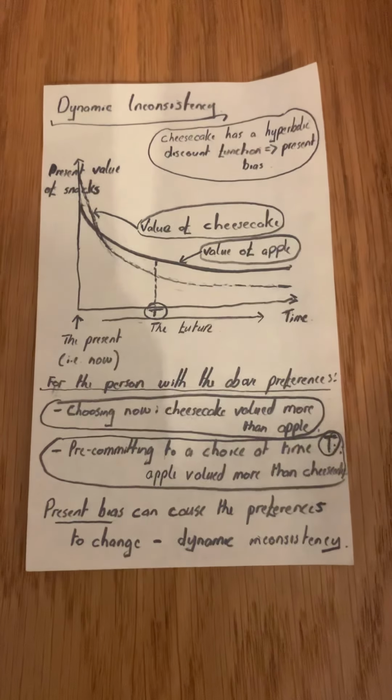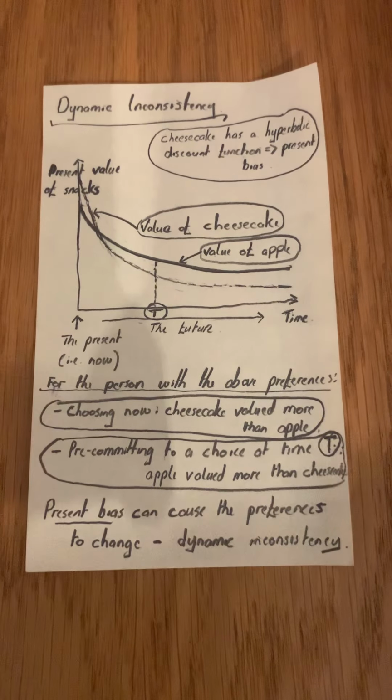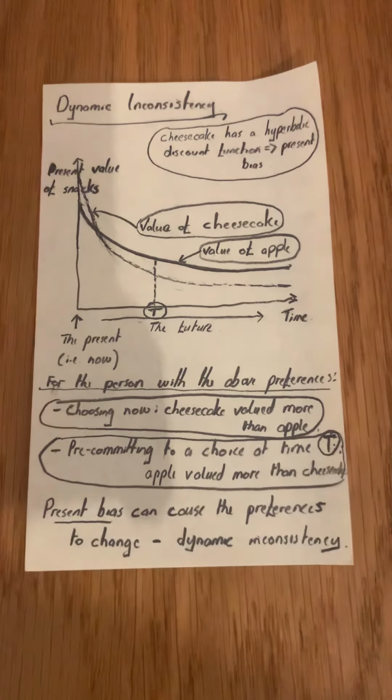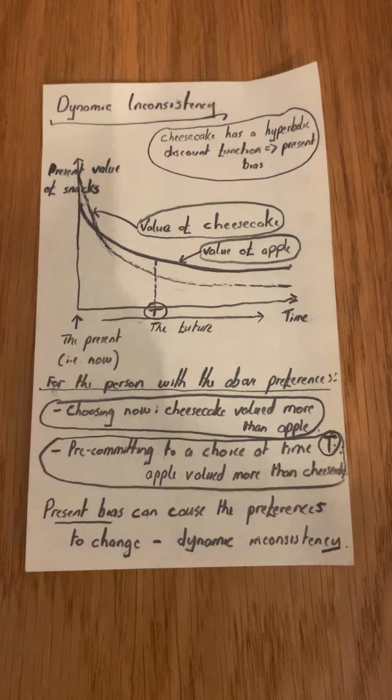Behavioural economics on a post-it, number 26: dynamic inconsistency. Dynamic inconsistency is considered to be a violation of standard rational choice theory that's informed, or caused if you like, by the notion of present bias.